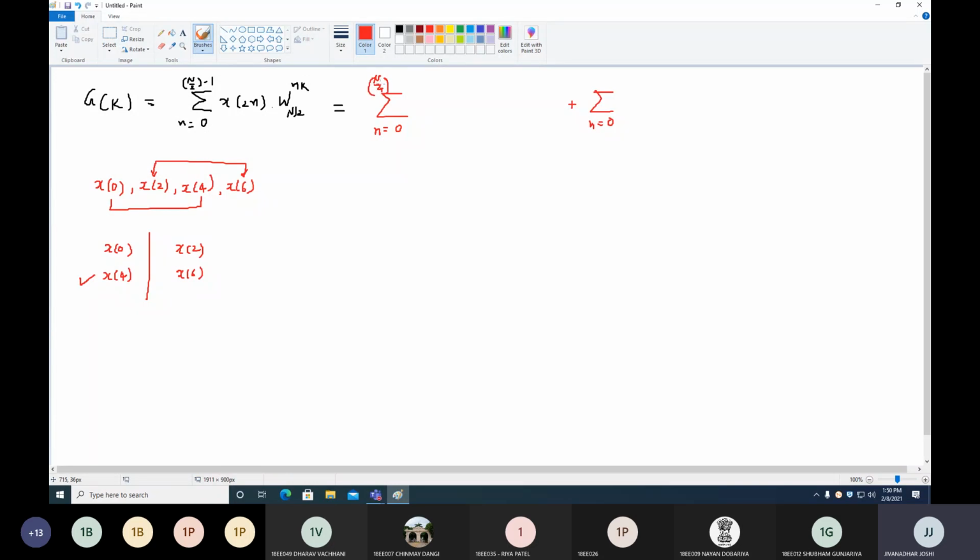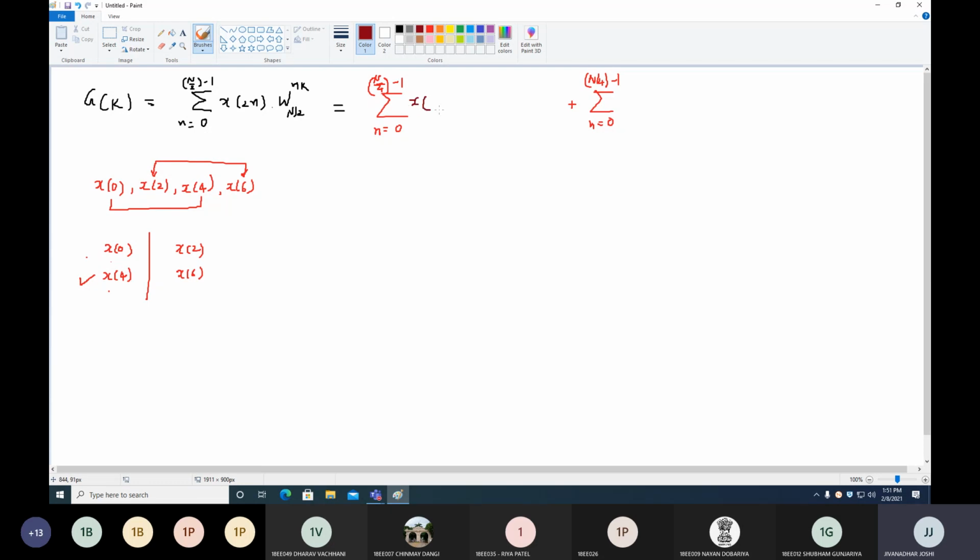N is 8, 8 by 4 is how much? 2. 2 minus 1 is 1, so n is ranging from 0 to 1 and in doing so it is iterating for 2 times, means it is going to pick up 2 samples. Do you agree with me, say yes or no? Yes, sir. Okay, so n by 4 minus 1.